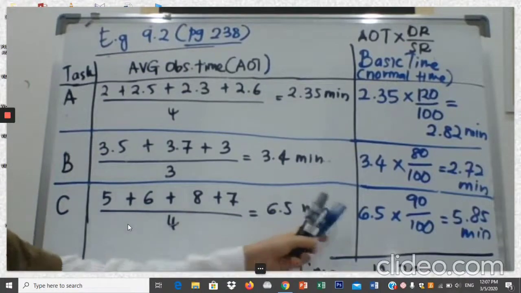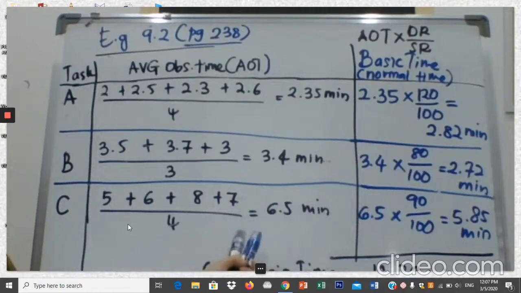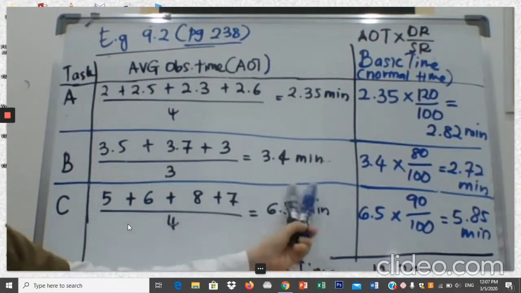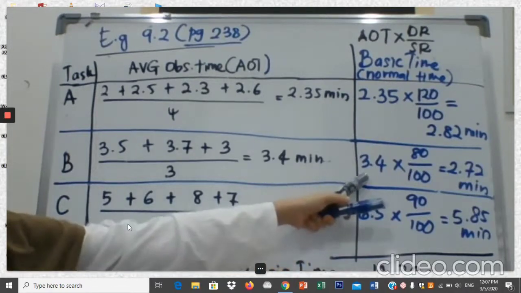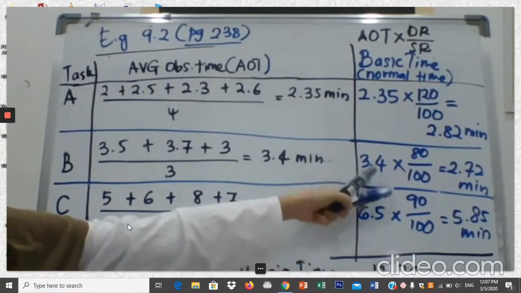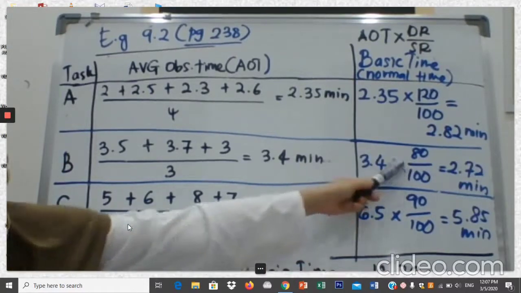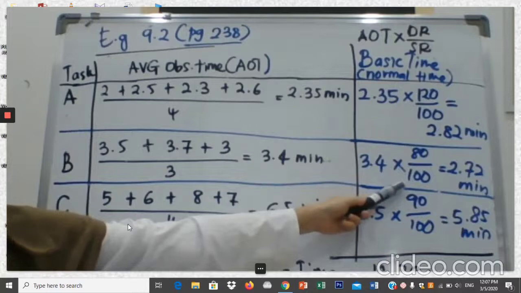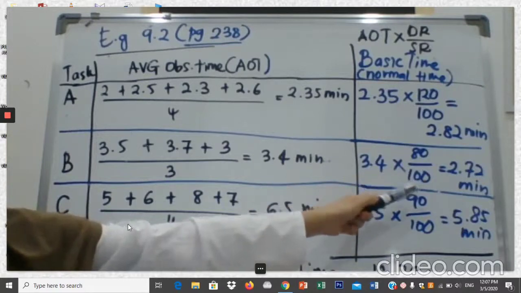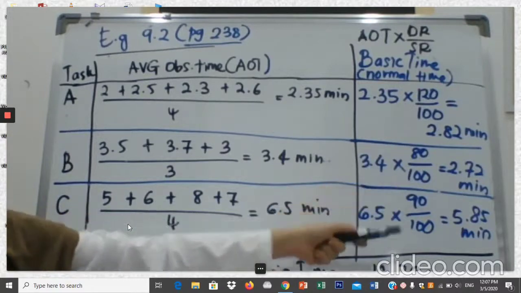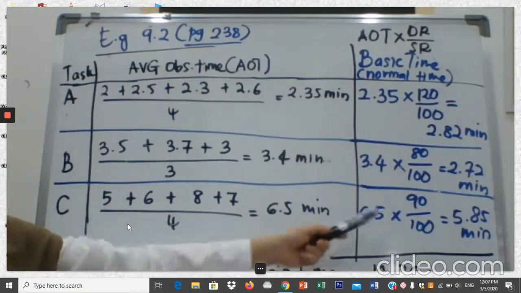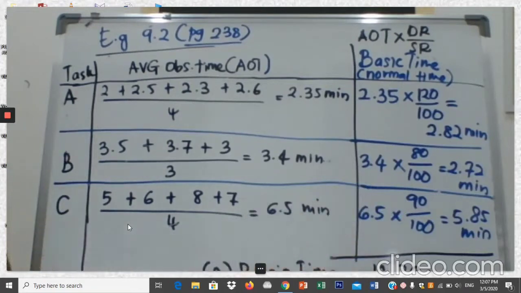Now we do the same thing for the other 2 tasks, B and C. We take 3.4, the average observed time for B, multiplied by the performance rating given, 80, divided by the standard rate 100. We end up getting 2.72 minutes. And for the last task, we get 5.85 minutes.